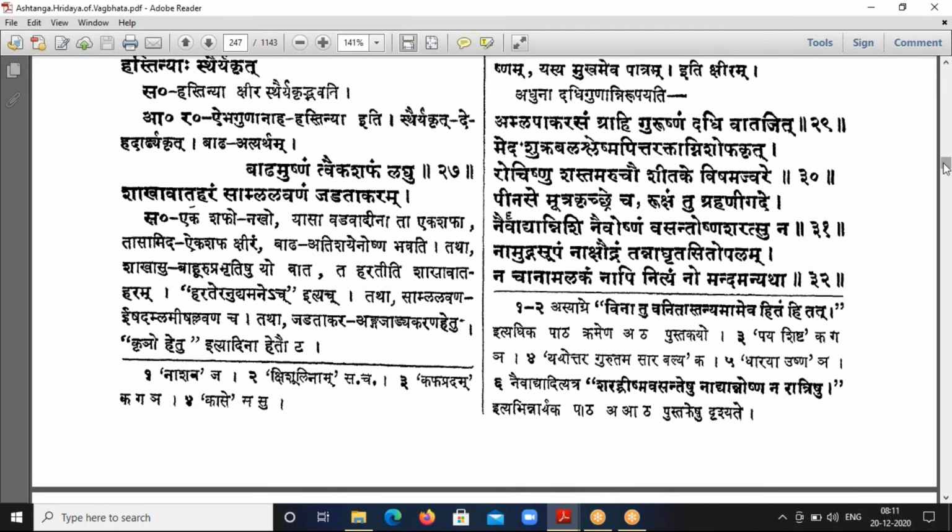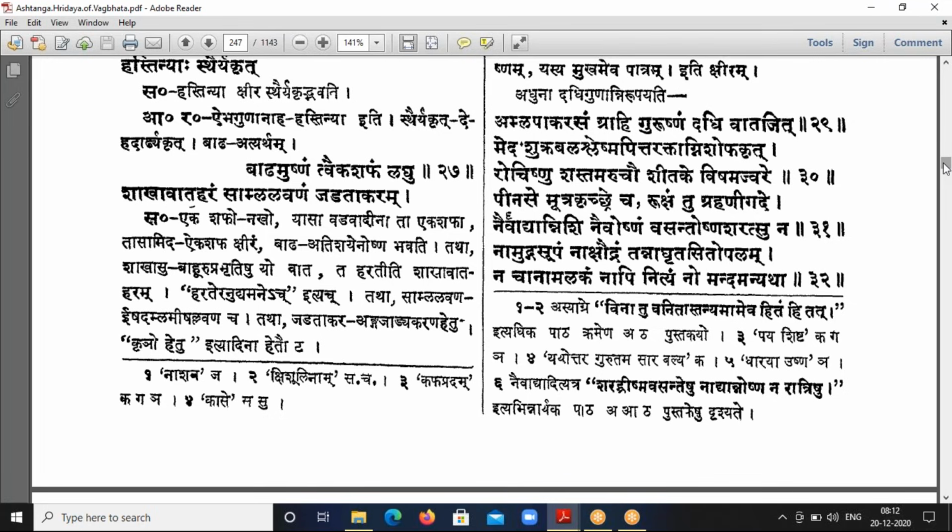Then the next line is all about Krit, what all things it increases. Meda Shukra Bala Shleshma Pitta Rekta Agni Shobha Krit. It increases Meda dhatu, Shukra dhatu. It enhances Balam.